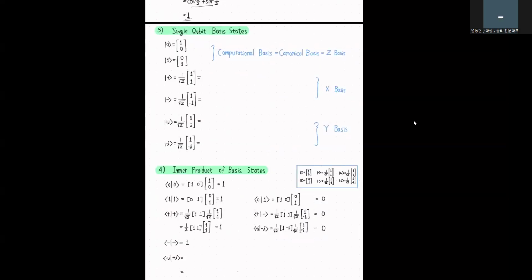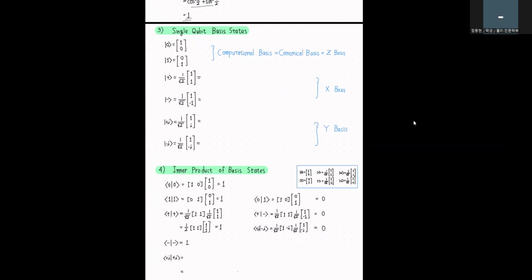From this framework of qubits, of course, 0 and 1 can be represented by vectors, as mentioned in the first lecture, but there are many different possible basis states that can represent a single qubit or two-level system.